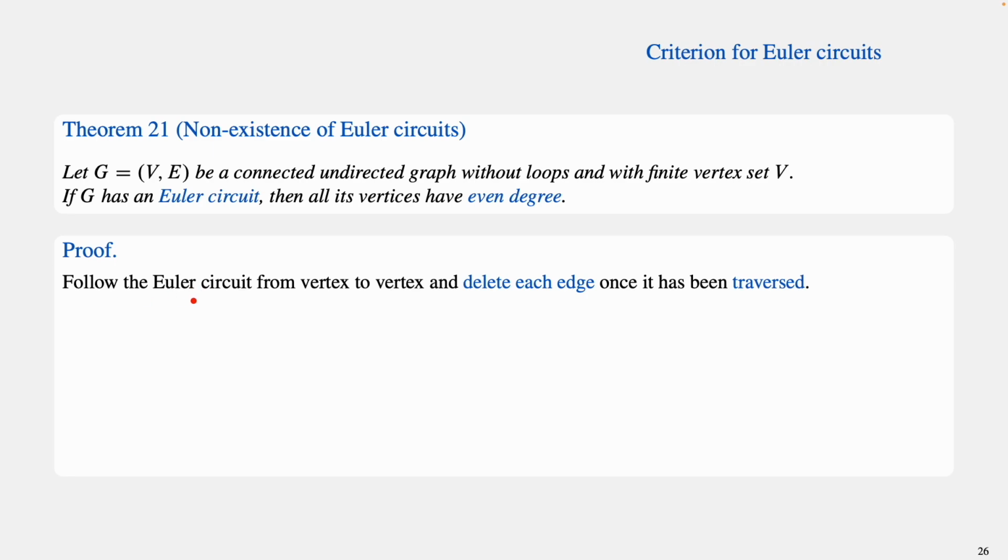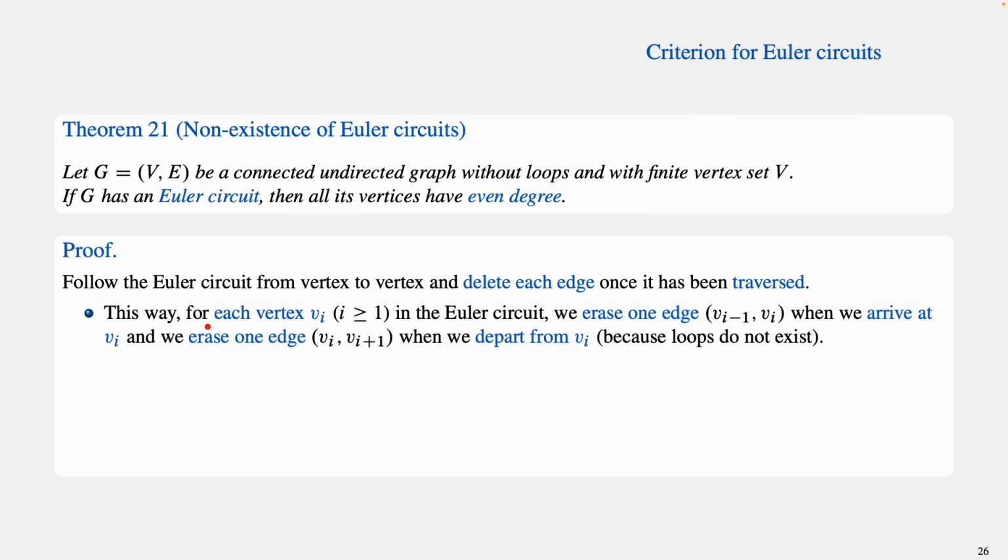Imagine we follow the Euler circuit from vertex to vertex and delete each edge once it has been traversed. Doing this does not cause a problem, because in an Euler circuit each edge appears precisely once, but in particular this means only once. So if we delete an edge, we don't need it further on to traverse the circuit. So we can do this without problem.